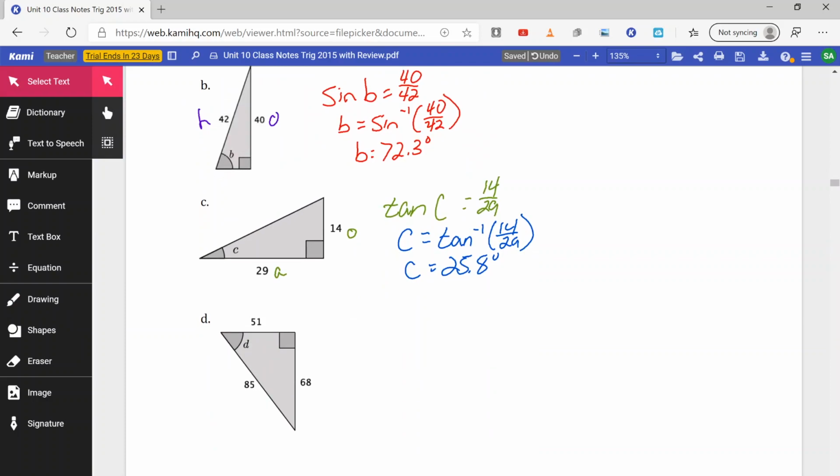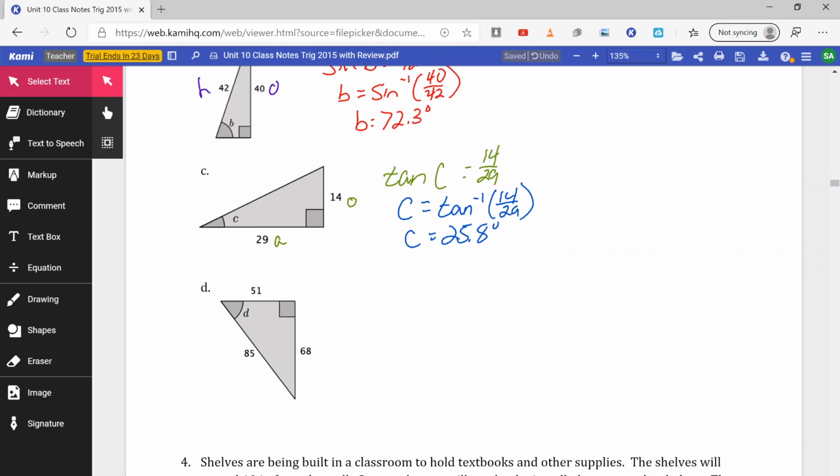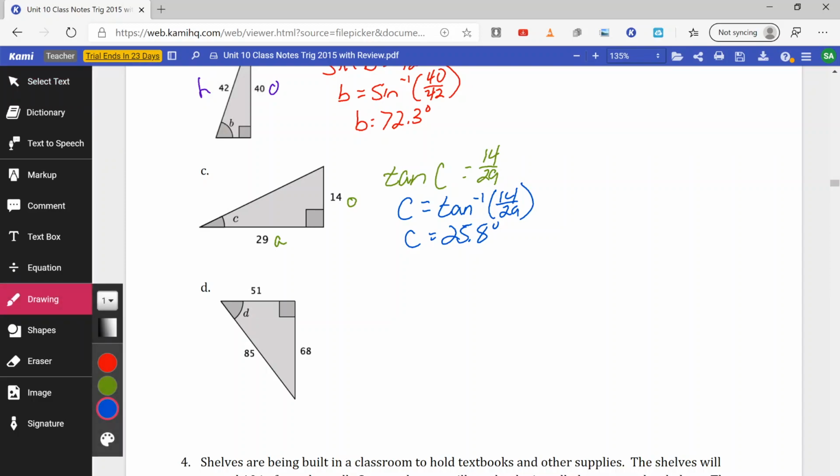And finally, for D, we're given angle D with sides 68, 85, and 51. Because we know all three, it's basically our pick to use whichever ratio we want. So we could use sine, cosine, or tangent for any one of these. So the side across from the 90-degree angle, 85, there's our hypotenuse. The side across from angle D is opposite, which means the last one is going to be our adjacent side. So again, we have our pick of all three.